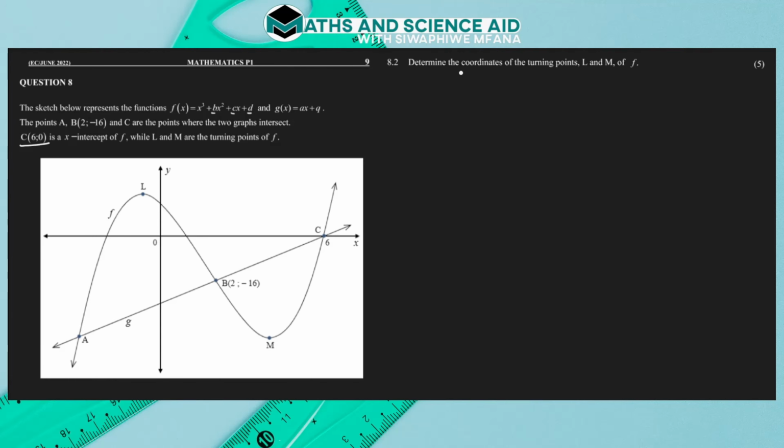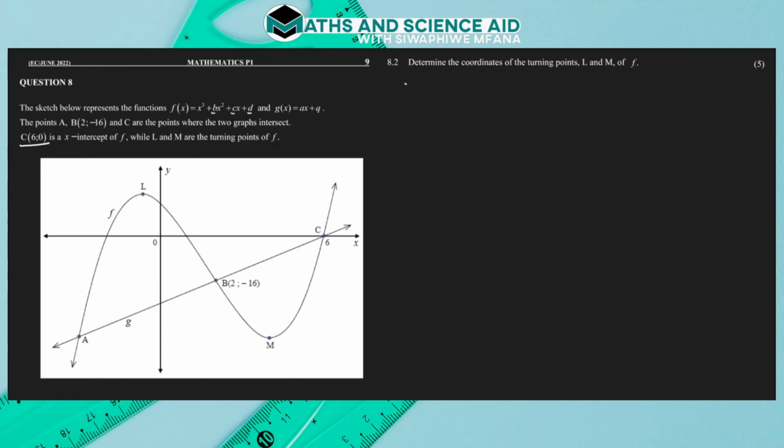8.2. Determine the coordinates of the turning points L and M of f. Well, for this one, you just need to remember that for any polynomial, if you want to determine the coordinates of the turning points, you can work out the first derivative of that polynomial and then equate it to 0, because at the turning point, the derivative of a function is 0, since the gradient is 0 at the turning point.